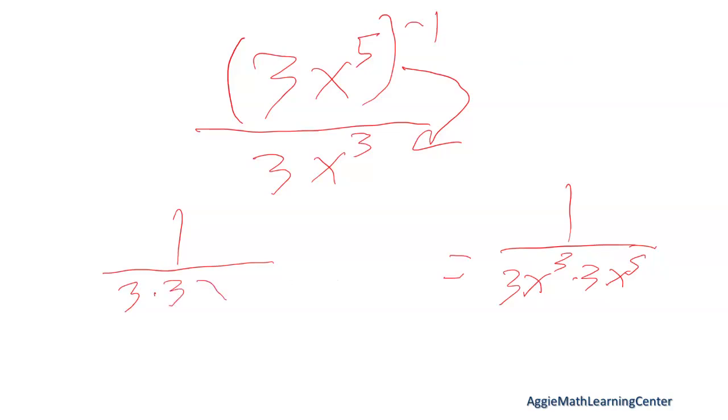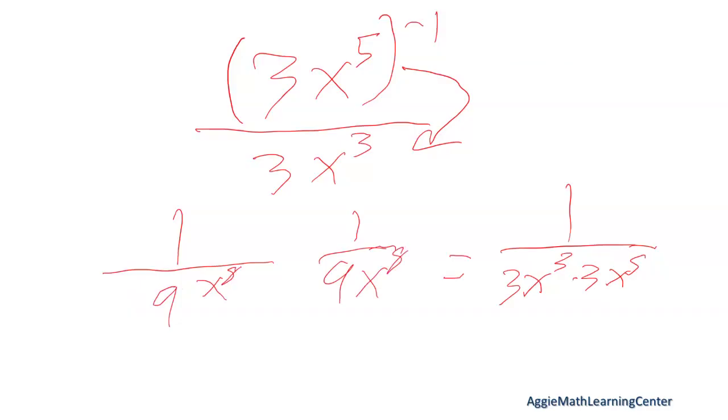And then what would this be? X to the what? The 8th power. Perfect. And then what can we do here? 3 times 3 turns into 9. And that is our answer: 1 over 9x to the 8th.